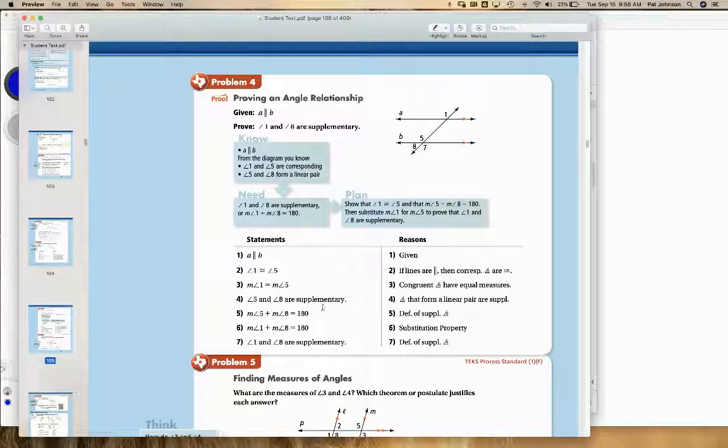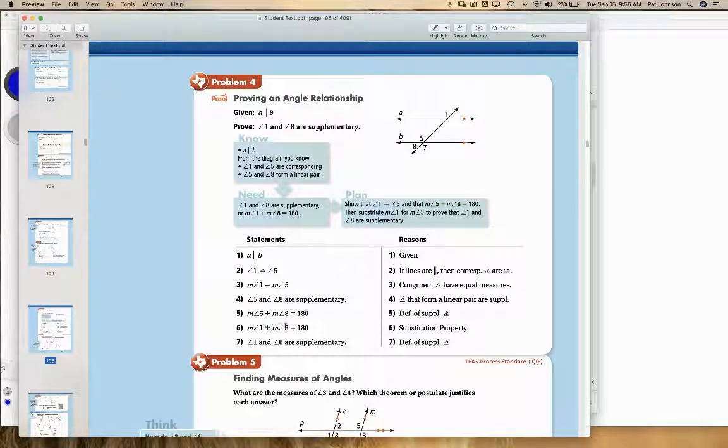Because they're supplementary, we can say, by the definition of supplementary angles, that the measure of angle 5 plus the measure of angle 8 equals 180. So we've now gone back to the equal signs by using the definition of supplementary angles. Then we can say the measure of angle 1 plus the measure of angle 8 equals 180, because up here we said the measure of angle 1 equals the measure of angle 5, so we just substitute it in step 5.